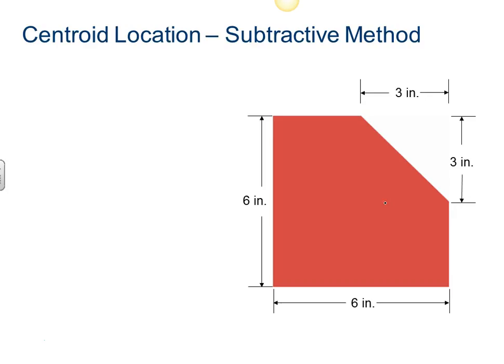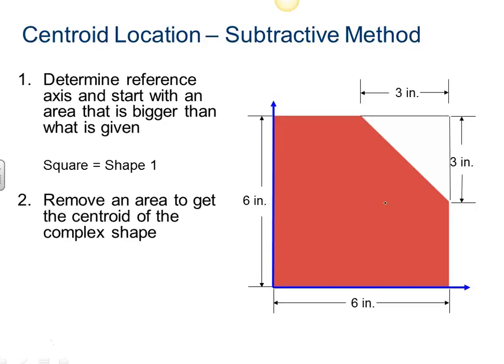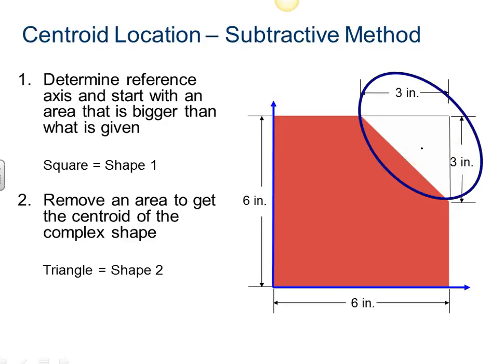So for instance, here's our original shape, and we determined the reference axis as before. Start with an area that's bigger than what's given. So we've got a square equals shape 1, and we're going to remove an area here to get the centroid of the complex shape. Okay, so here's our area that we're removing.